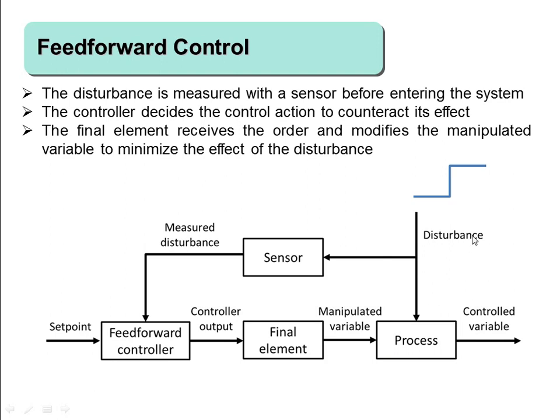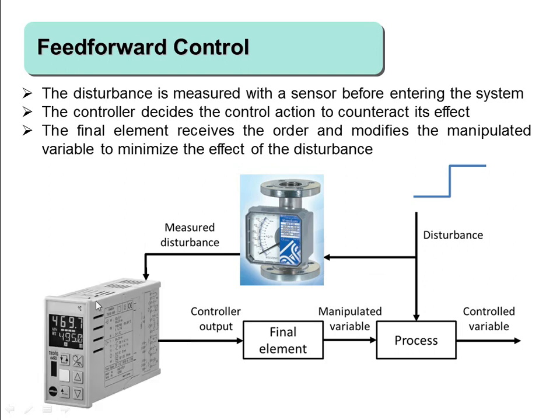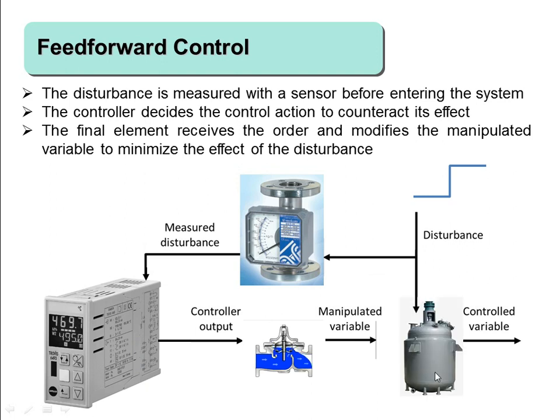So, for example, we are able to measure a disturbance in flow. We could measure it with this flow meter and send it to the feedforward controller. The controller then decides the output and sends the order to the valve, and then the manipulated variable changes, and the process will be able to counteract the effect of the disturbance.